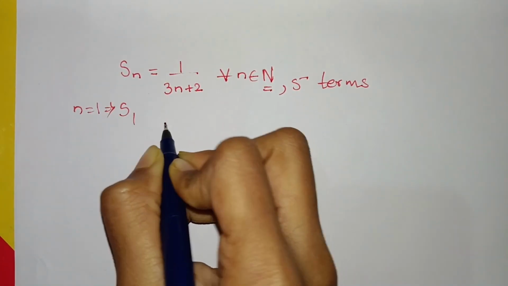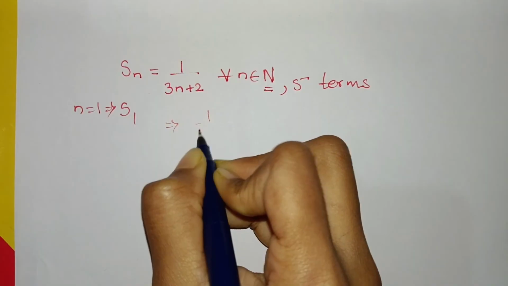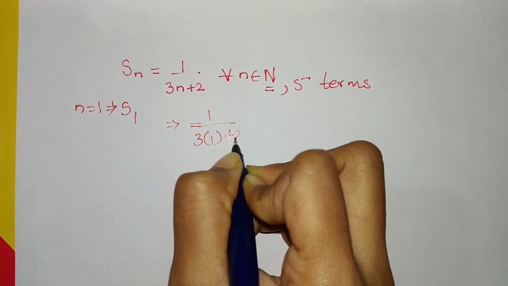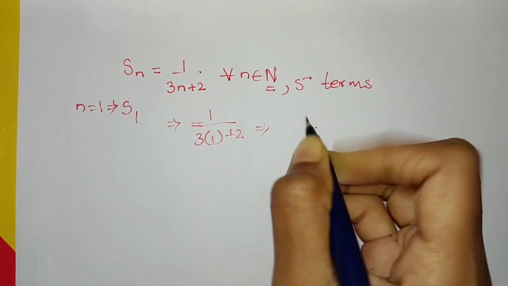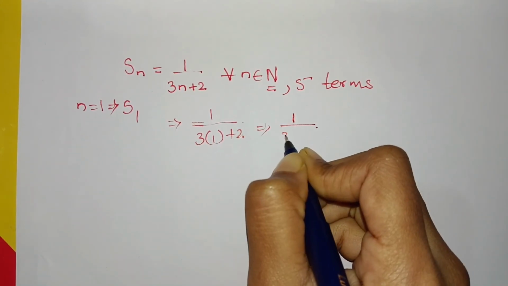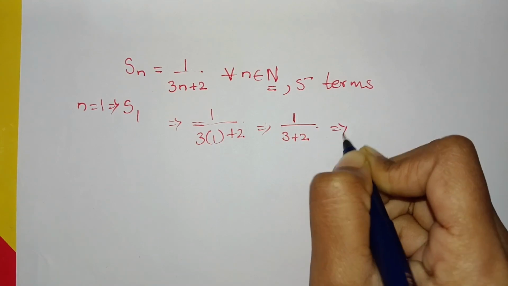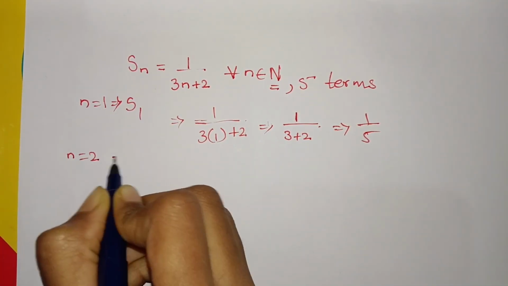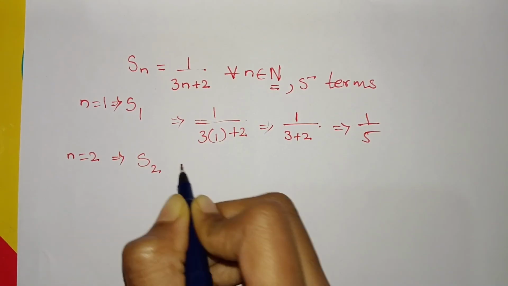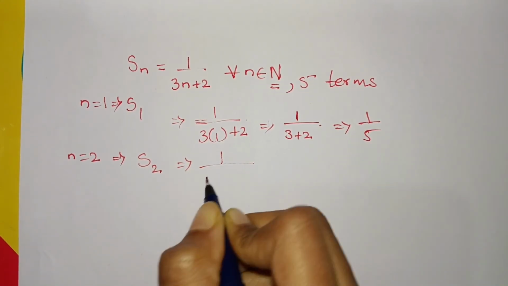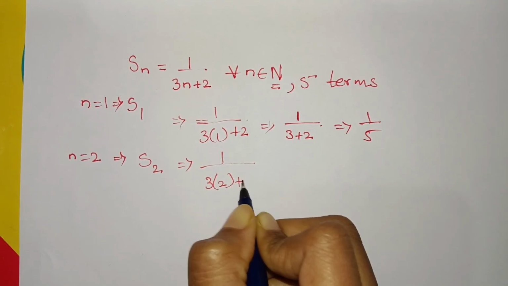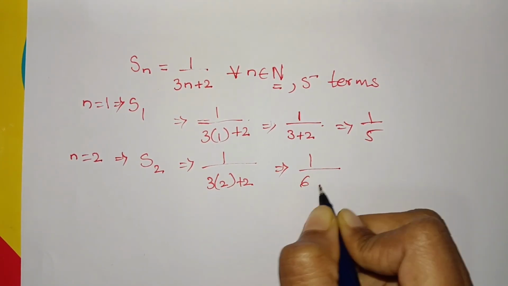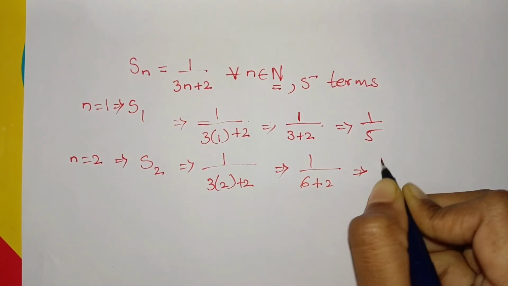So like this, S1, because n is equal to 1. S1 is equal to 1 by 3 of 1 plus 2, which is 1 by 3 plus 2, which is 1 by 5. And then the second value, n equal to 2. S2 is equal to 1 by 3 into 2 plus 2, which is 3 twos are 6, plus 2, which is 1 by 8.